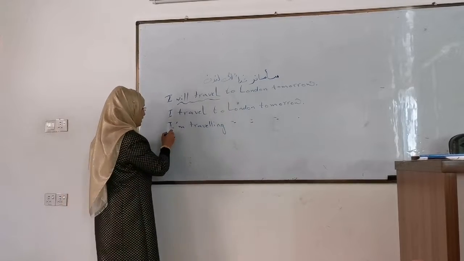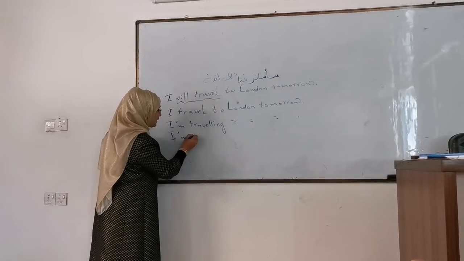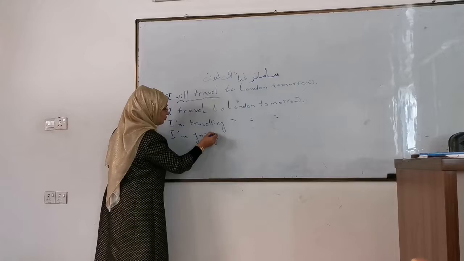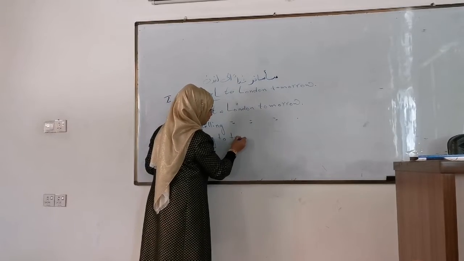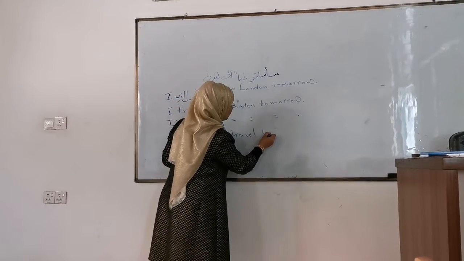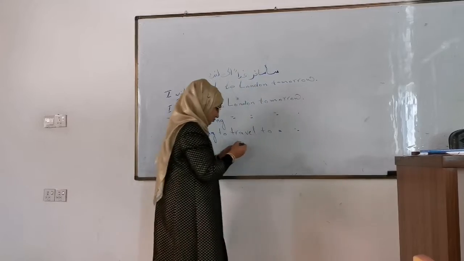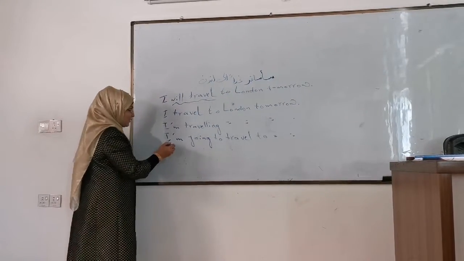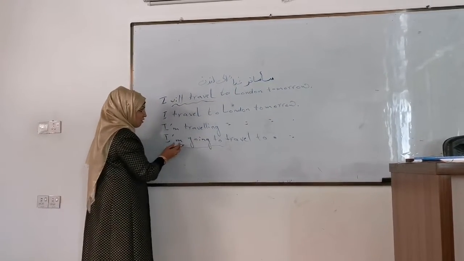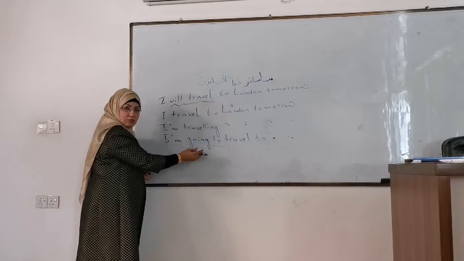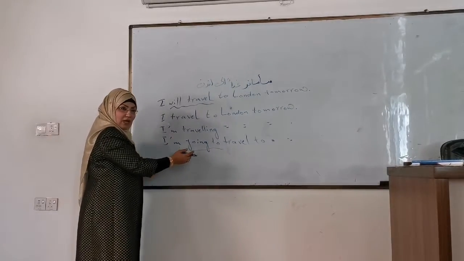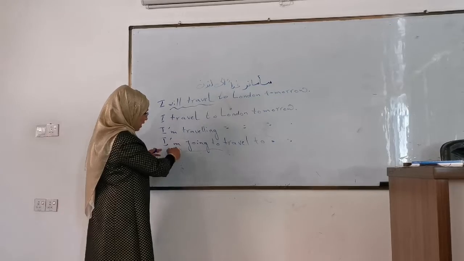Not only that, I can have another translation of the same Arabic sentence. I can say, I'm going to travel to London tomorrow. Here I use what? I use the construction of going to, which also means سوف. I'm going.